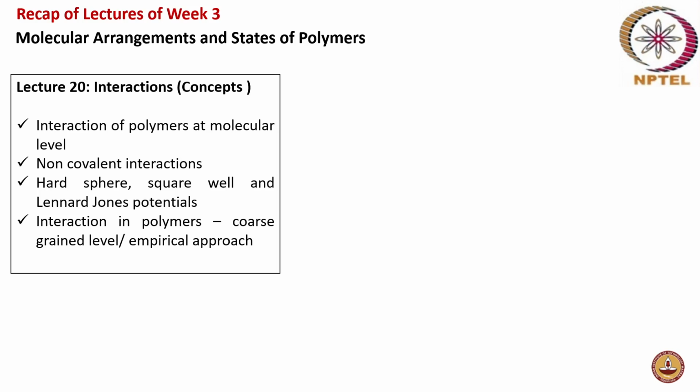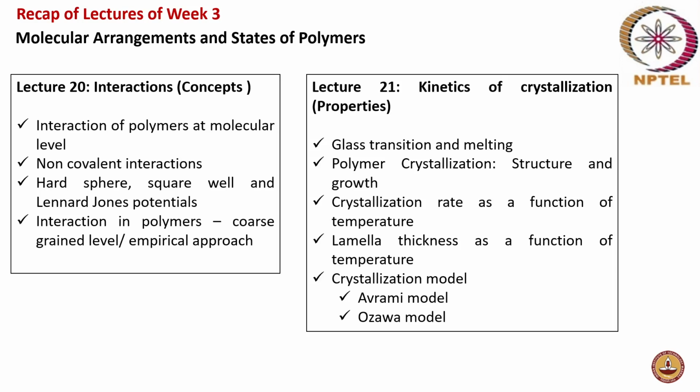And then interactions in polymers, the coarse grained level or empirical level approach, right? Where your steric repulsion, and there was a discussion on the polymer solution, and in concentrated solution where the entanglement plays a role, and then the concept of intrinsic viscosity was discussed, right? Solubility parameter were all discussed in lecture 20 on interactions.